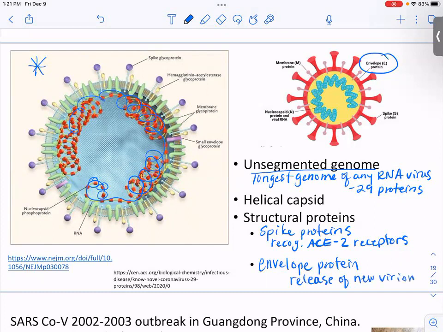So the spike proteins and the envelope protein, they're sort of analogous in a way to the two proteins that we talked about for influenza. Hemagglutinin to recognize host receptors, and then that neuraminidase that was important as the new virus leaves the host cells.